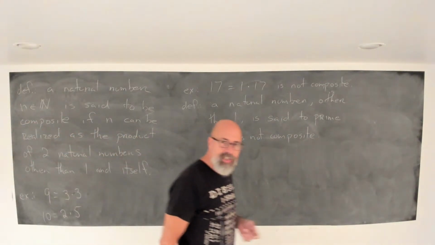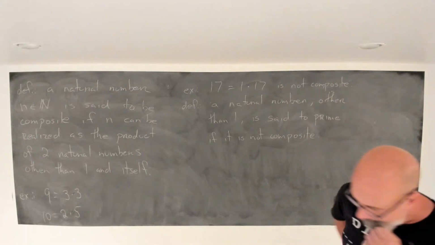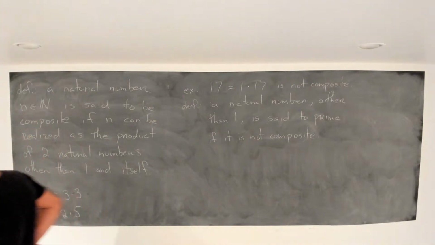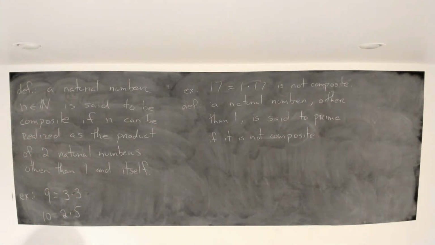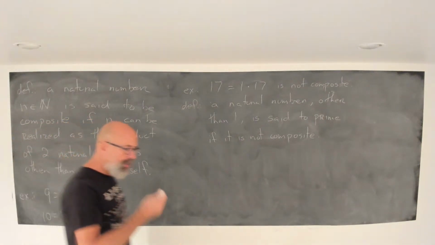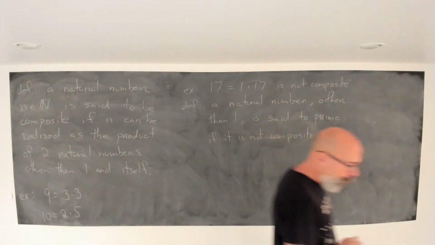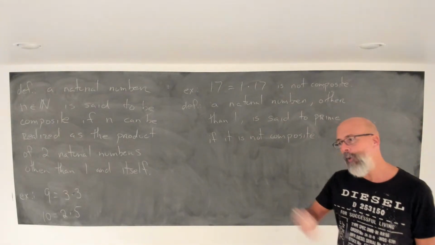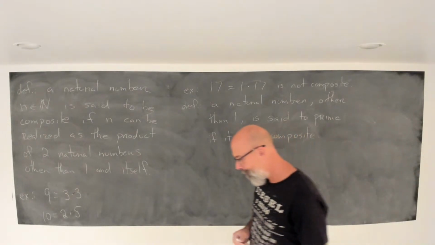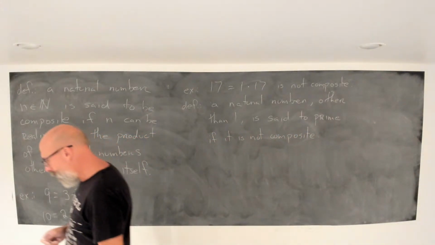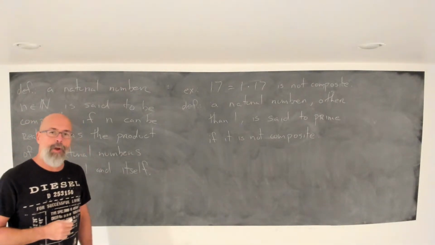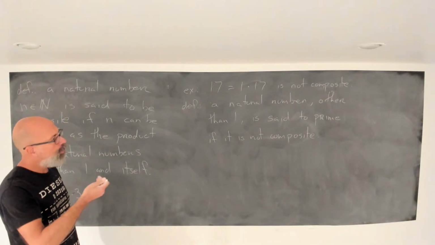Now, the fact that one is singled out here might seem strange at first glance. And in fact, before the 50s, there wasn't a consensus as to whether one should be treated as prime or not. So if you pick up an old book, some books would treat one as a prime number, other books would not.